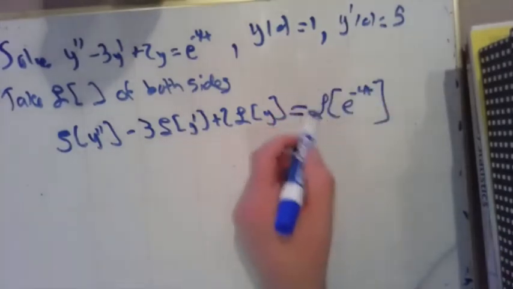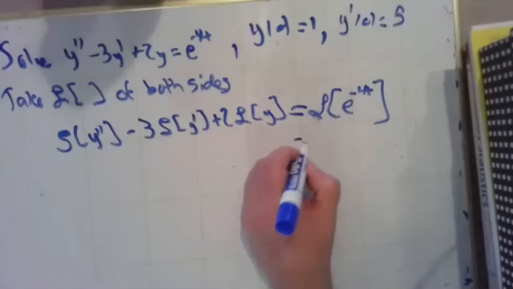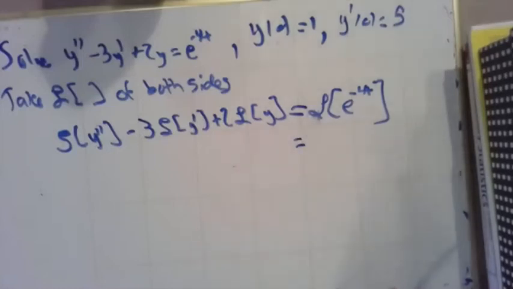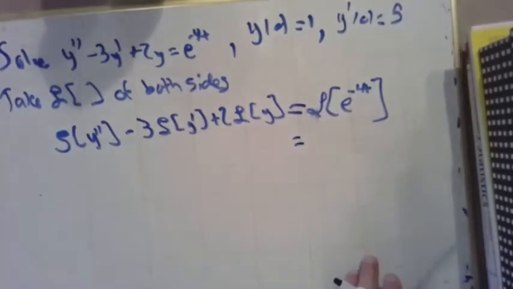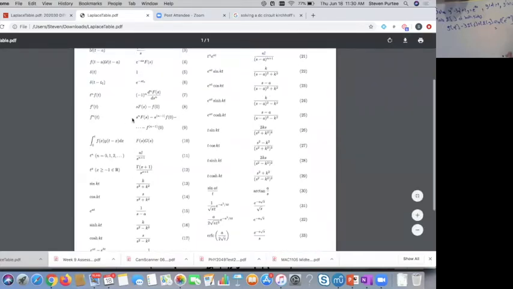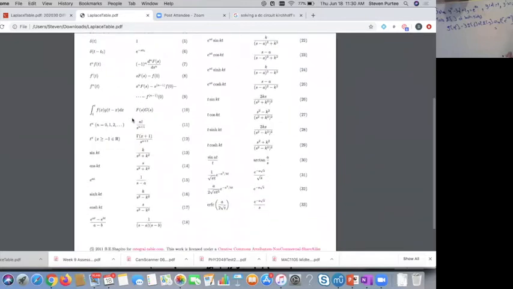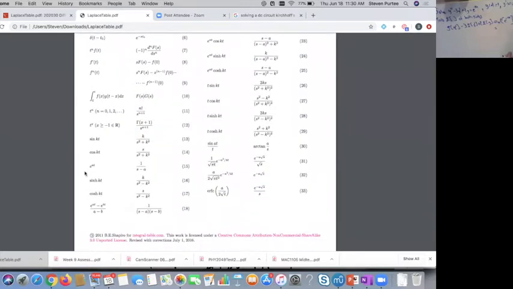Okay, this one we're just going to look up in our table. So we go to our Laplace transform table, and I'm looking for the Laplace transform of e to the at. So e to the at, I get 1 over s minus a.